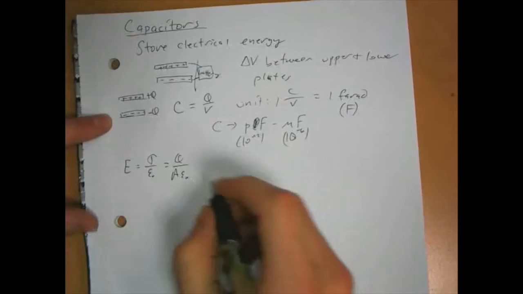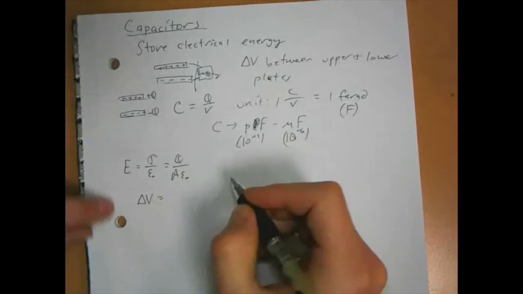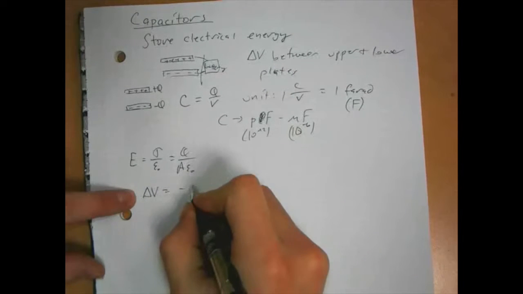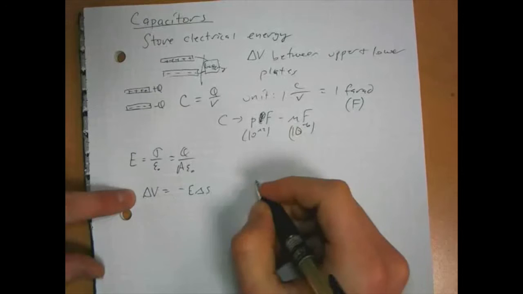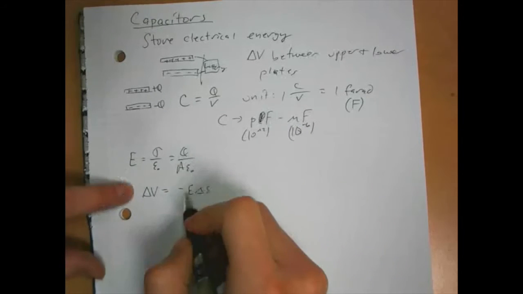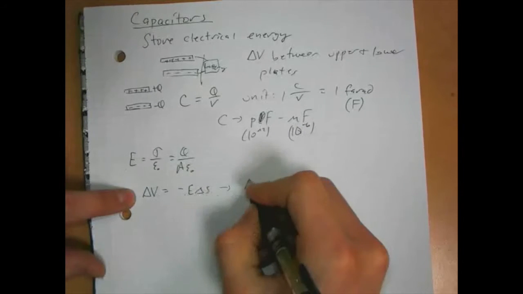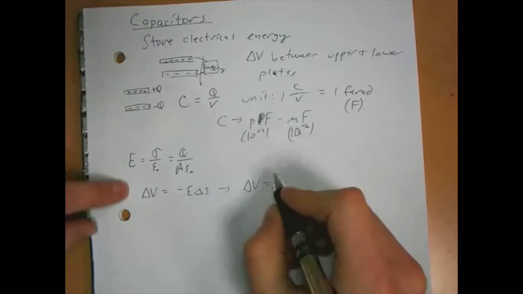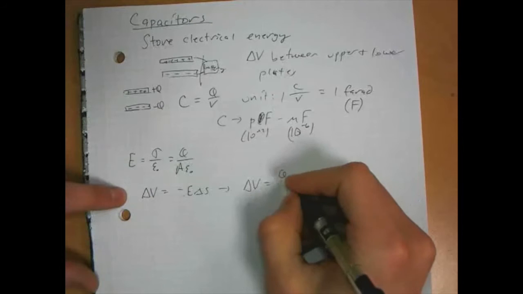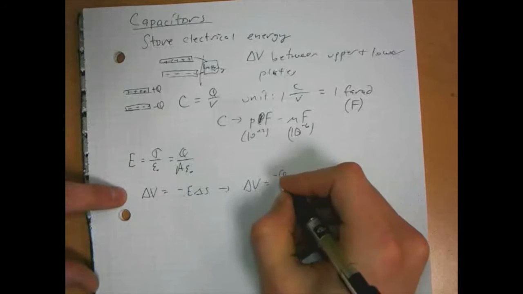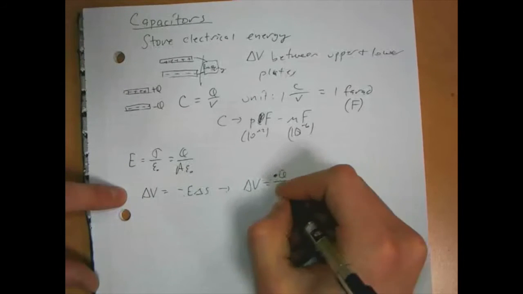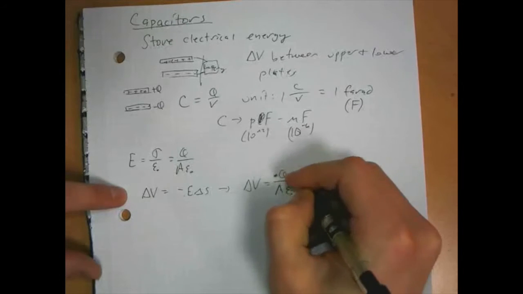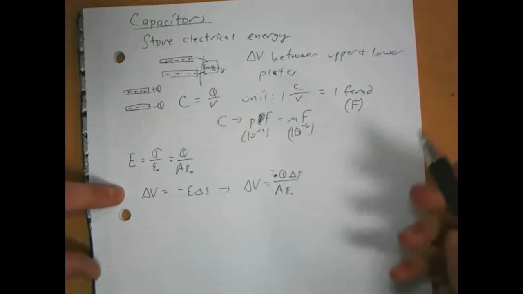We know a change in potential is minus E field times delta S. So if we plug in this for the E field, we get that the change in potential of our capacitor, the potential difference between the two plates of the capacitor, is Q over A epsilon naught times that delta S, negative. Right?